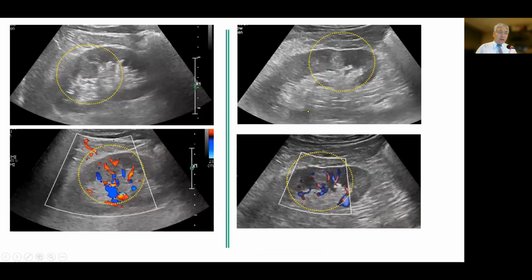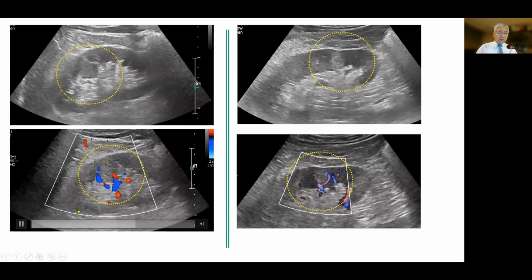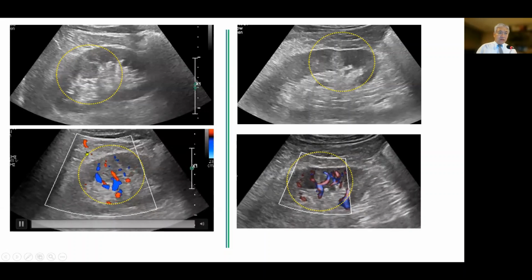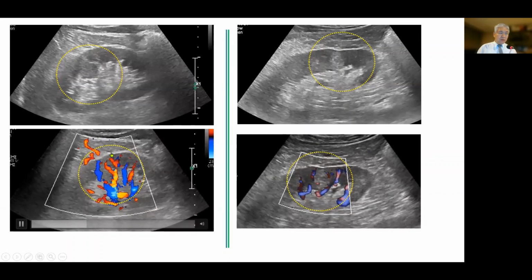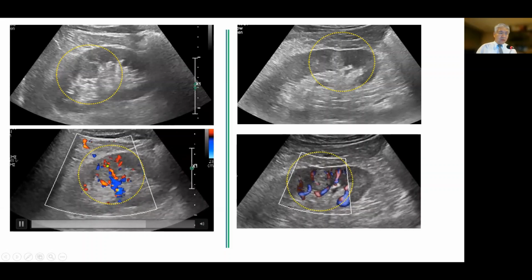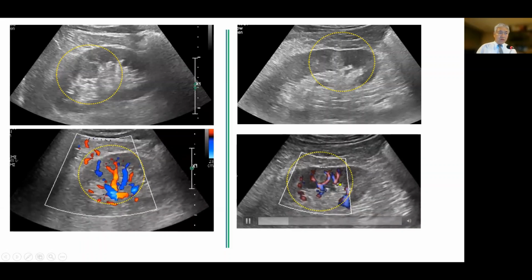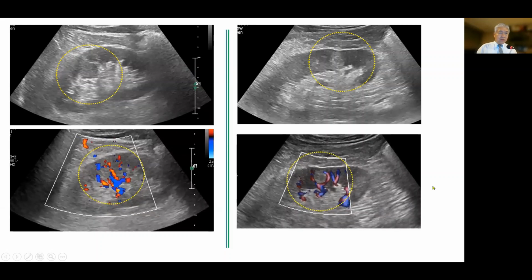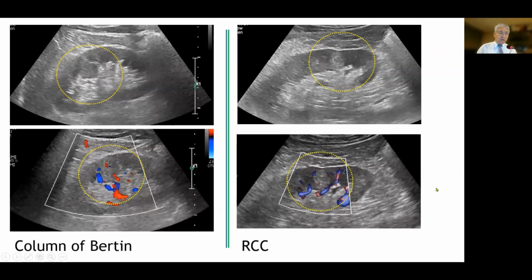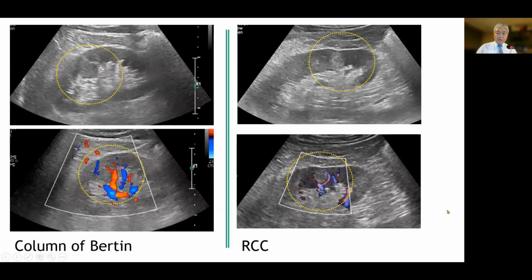Again, you may easily notice that the left-sided mass is a pseudomass, column of Bertin, with vessels running through the lesion, and the right side mass is a true mass, renal cell carcinoma, with the vessels sweeping around the mass.